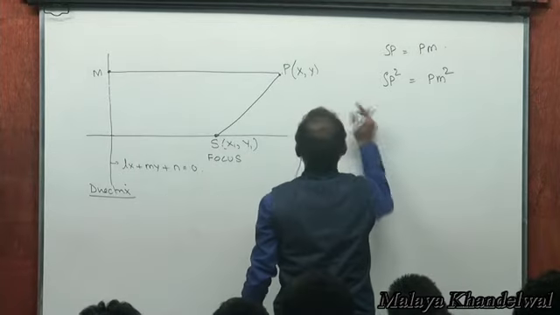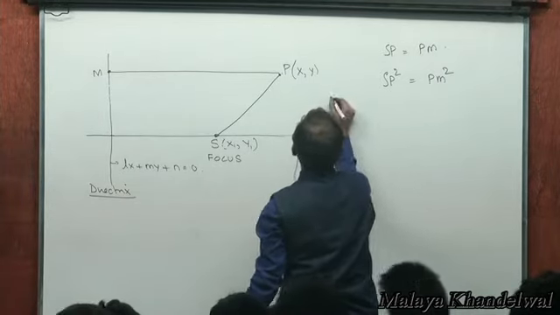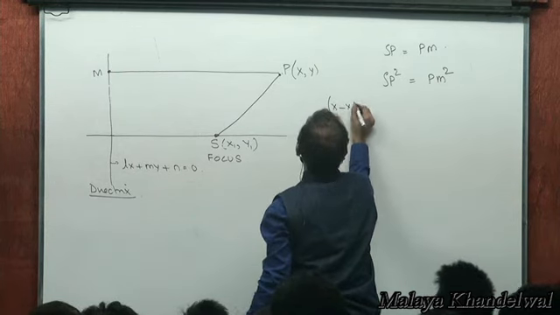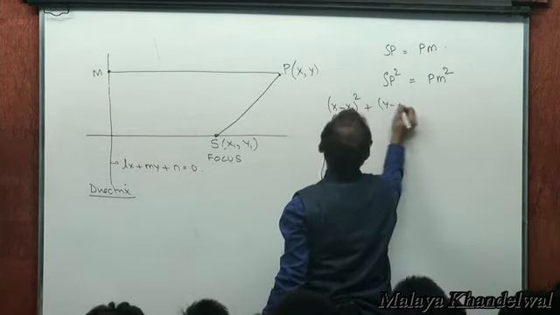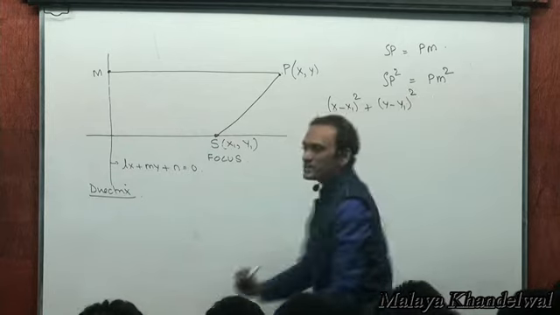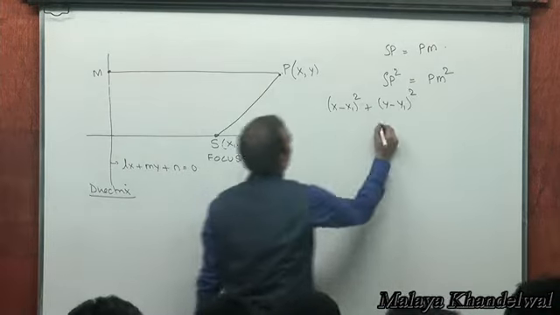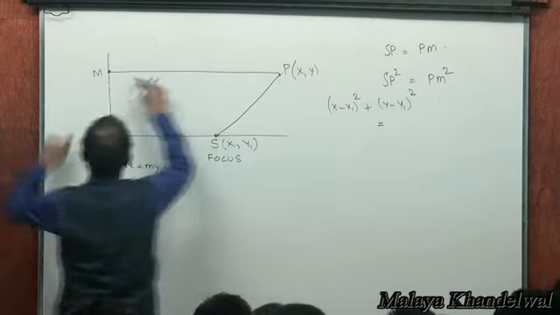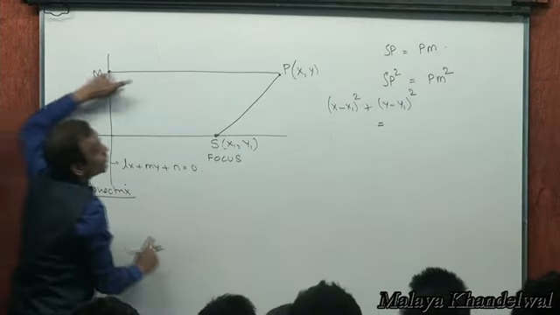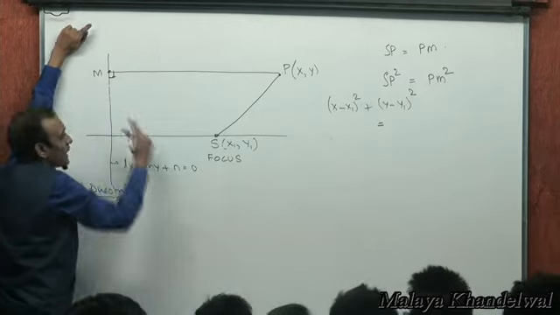What is SP squared? For any xy on the parabola, (x minus x1) whole squared plus (y minus y1) whole squared. That's SP squared. Right? And PM squared is the square of the distance of the point P from this line. How do you find the perpendicular distance of P from this line?